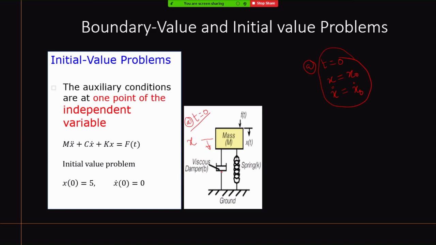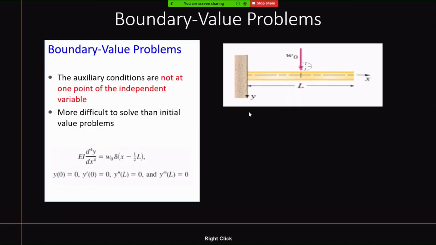Now we'll look at the boundary value problem. Just take an example of a beam. What is going to happen in this beam? The boundary of this particular beam is at x equal to 0 here, and here it is x equal to L. I am going to look at the deformation pattern at all these points.